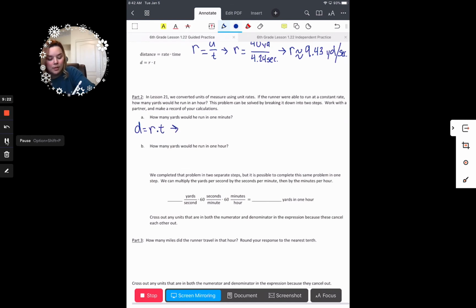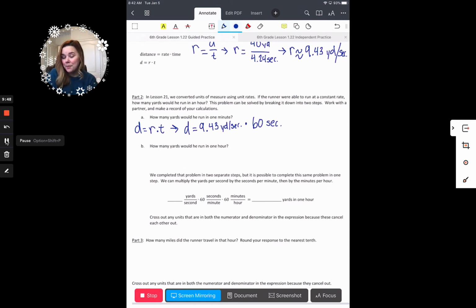We don't know our distance, but we know our rate. So our rate is 9 and 43 hundredths yards per second times the time, 60 seconds. So we're multiplying 9 and 43 hundredths times 60.